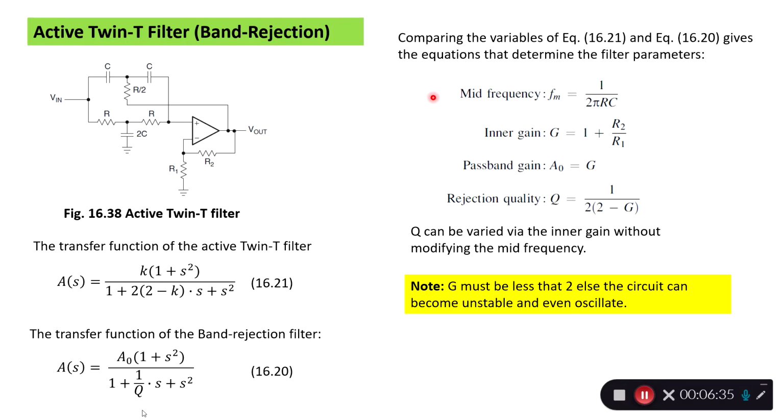So we get from that the mid frequency, where we select the frequency we are interested in getting rid of, can be found by this equation.